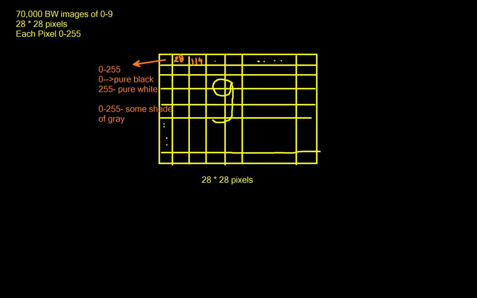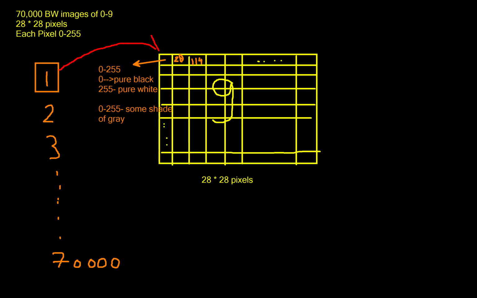Okay, any doubt? So basically, it contains how many samples? 70,000 samples. 70,000 samples means there are 70,000 images of the digits from 0 to 9. Whatever I am explaining here represents one image, any image.